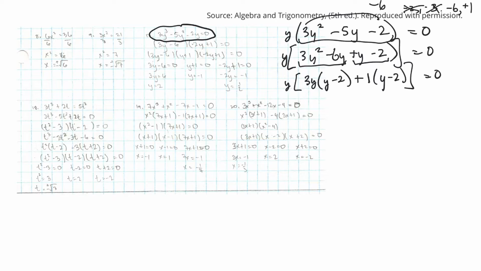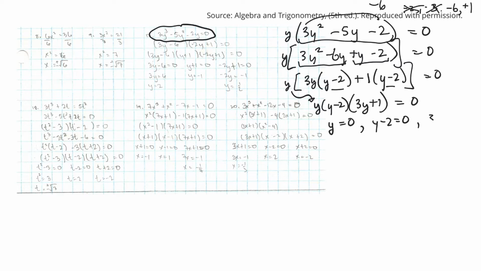And then, because this and this are the same, I can factor that out. So I have a y minus 2, and I'm left with 3y plus 1. And I have a y out from up there is equal to 0. So now the zero property would say that I need to go y is equal to 0, and y minus 2 equals 0, and 3y plus 1 is equal to 0.